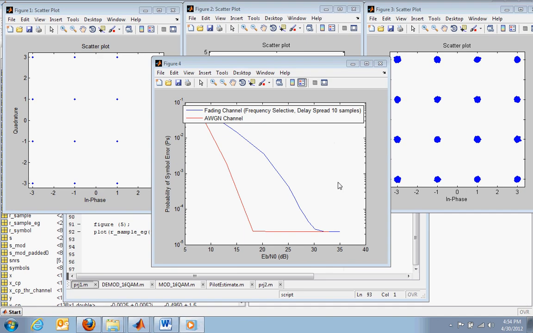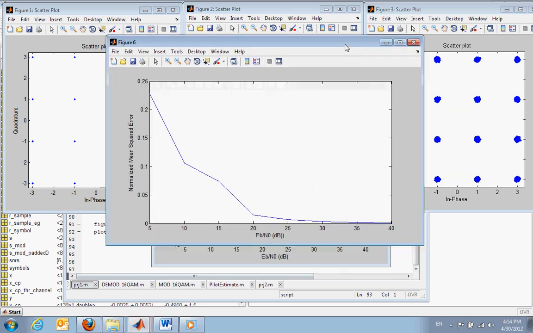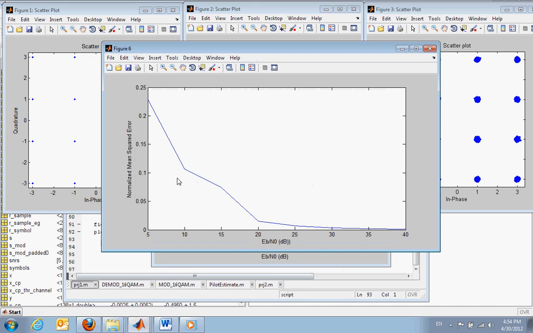Okay, besides the symbol error probability versus signal to noise ratio plot, another way to evaluate the error performance of my simulated OFDM system for transmitting the audio data stream is to just plot the mean squared error between the recovered audio data and the original audio data. So here is the plot of the normalized mean square error versus signal to noise ratio in terms of Eb over N0.